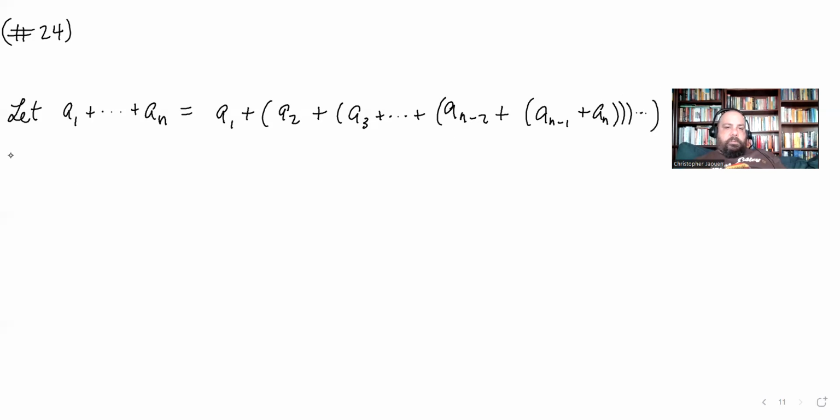All right, so that's a note that he has in the question. He says, let this denote that. Okay, part A. Let's see if I can fit it on this page.